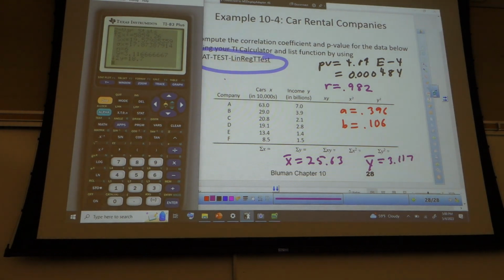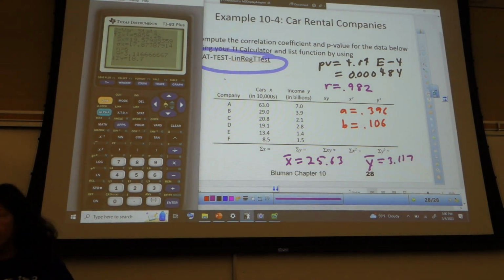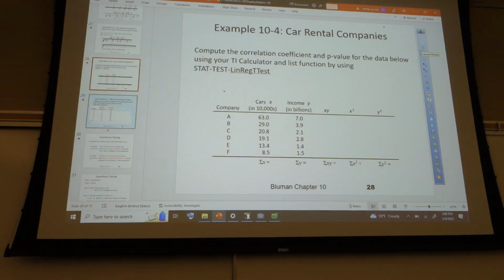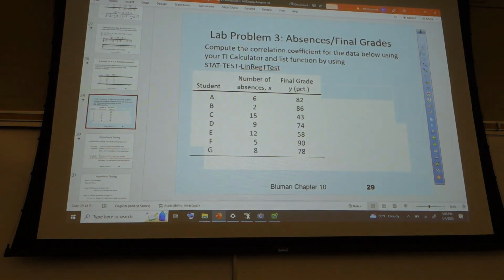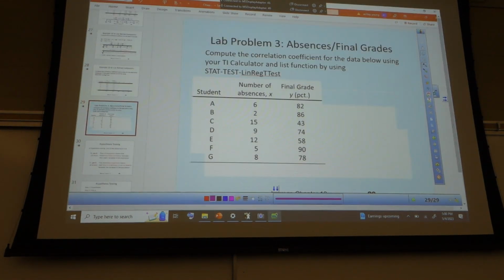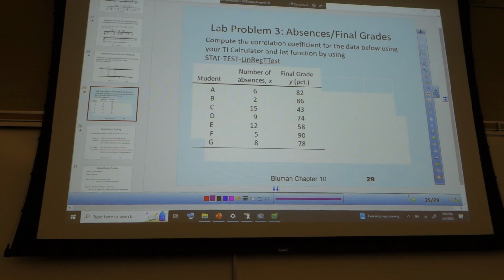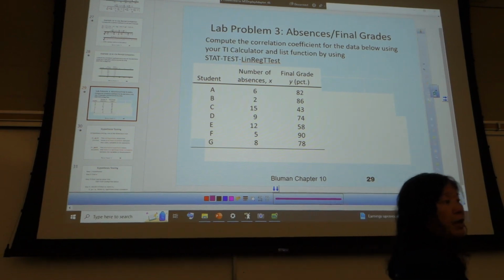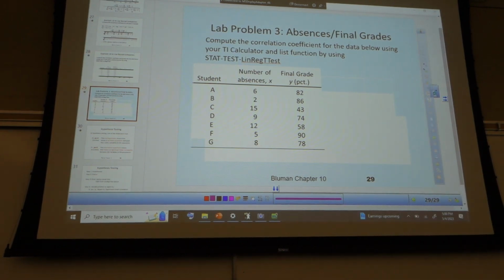All right, so you folks go ahead and do lab problem number 3. While you're there, write down your p-value, your R, your A and your B. And while you're there, sometimes it's useful to do stat calc 2-var stats and get your x bar and your y bar. We'll talk about that later.